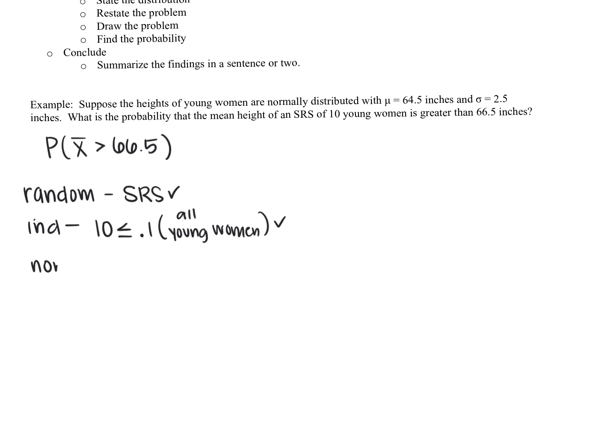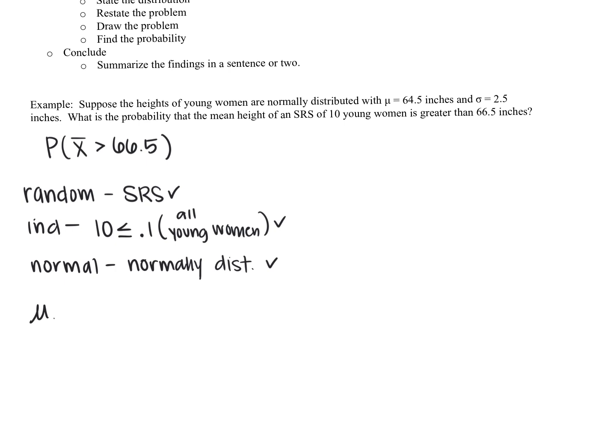And then for normal, it is stated that it is normally distributed. So I don't actually have to check that n is greater than or equal to 30 here, because it is stated in the problem that the population is normally distributed.